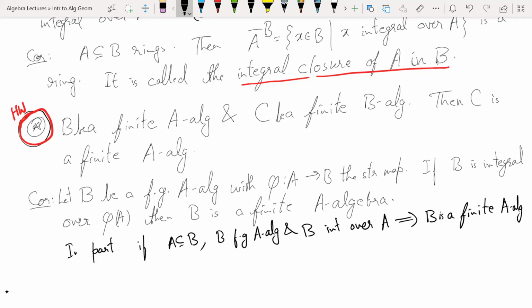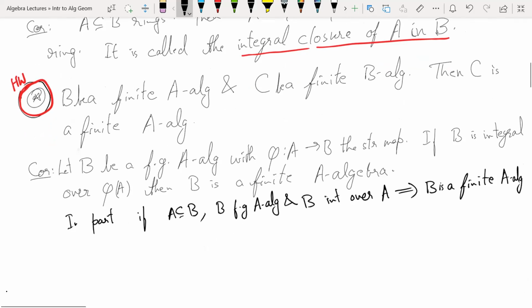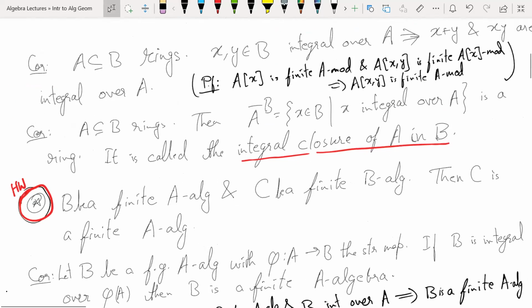Okay. So this, of course, again follows from the same trick as this one.